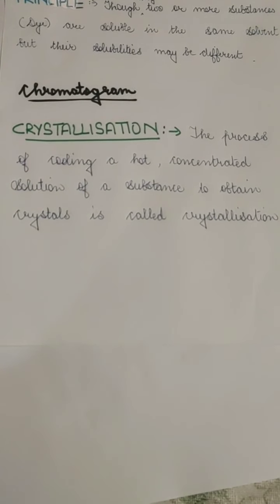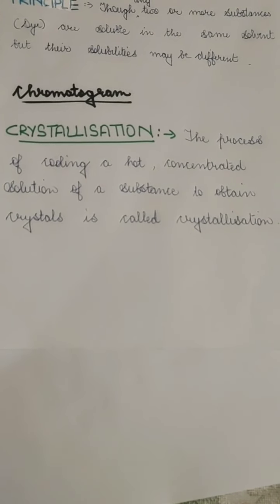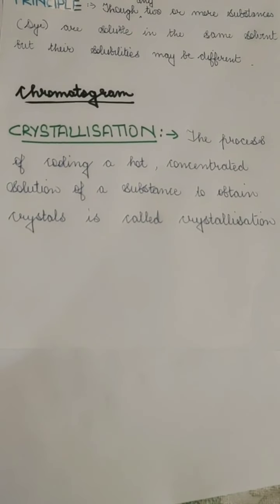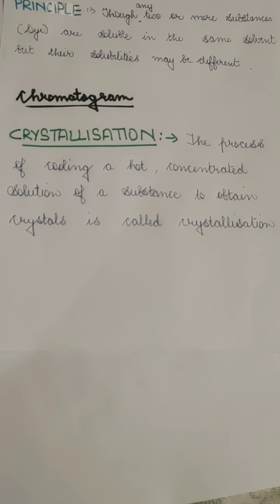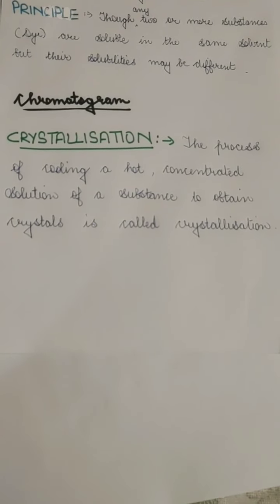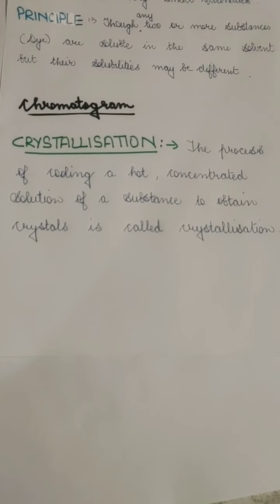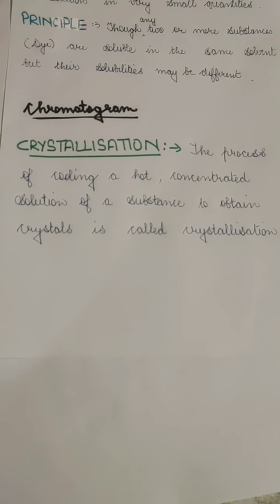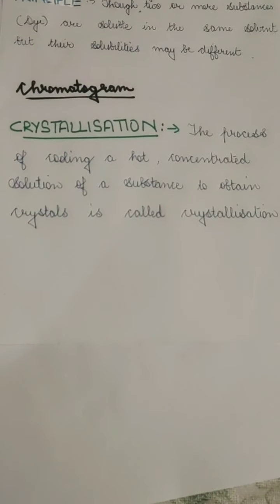So after chromatography, we're going to study about crystallization. Crystallization is the process of cooling a hot, concentrated solution of a substance to obtain crystals. Now, you would have seen whenever your mother cooks any sweet for you, sometimes they make sugar syrup.